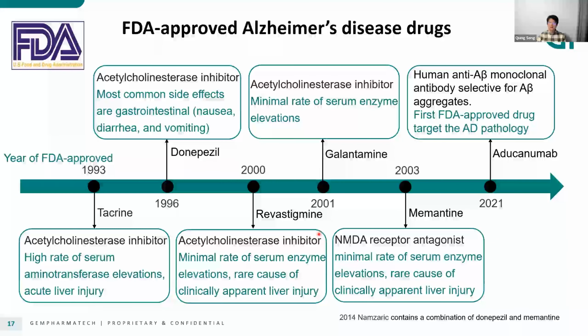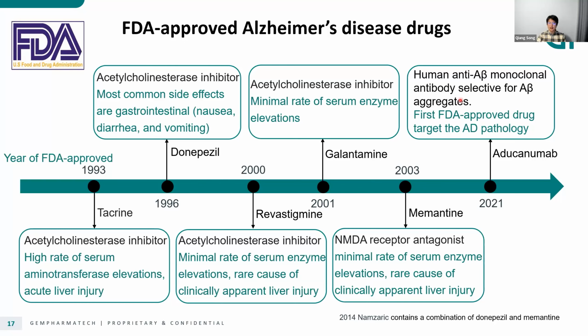And although there are many preclinical agents, there are still few FDA-approved drugs. Until now, only 7 drugs have been approved by the FDA, and 4 of them are acetylcholinesterase inhibitors, which were developed based on the cholinergic hypothesis. And one is the NMDA receptor antagonist, based on the excitatory amino acid neurotoxicity hypothesis in Alzheimer's disease.